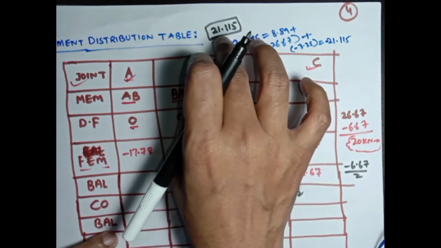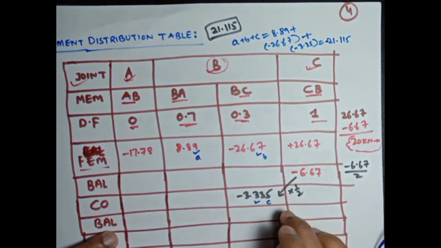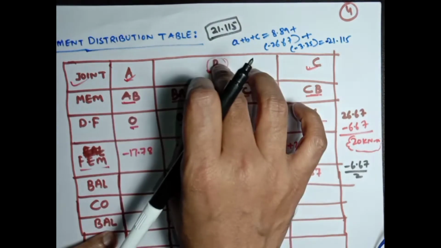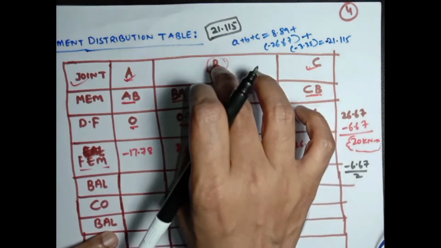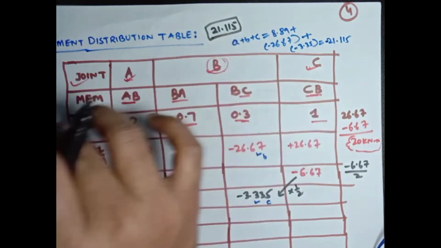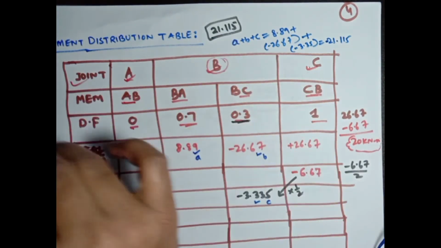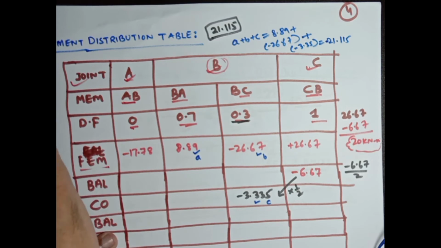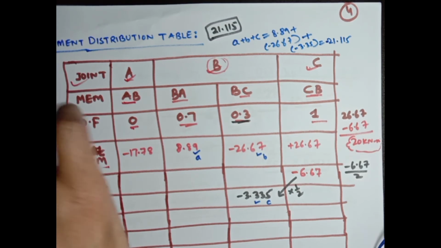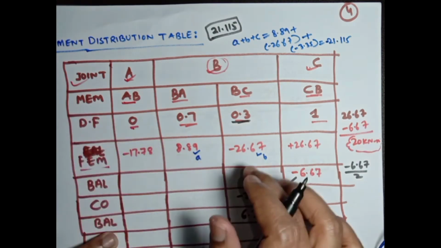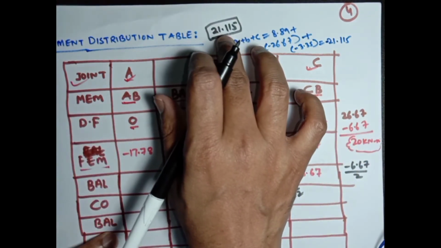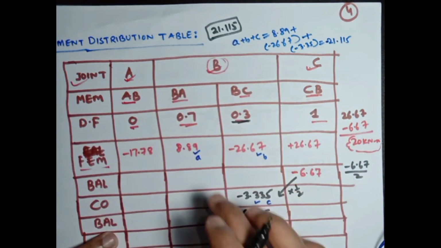This total moment has been added to make this joint have moment 0. So 21.115 multiplied with the distribution factor BC, 0.3, will give a value of 6.335, and the same value 21.115 will be multiplied with 0.7.